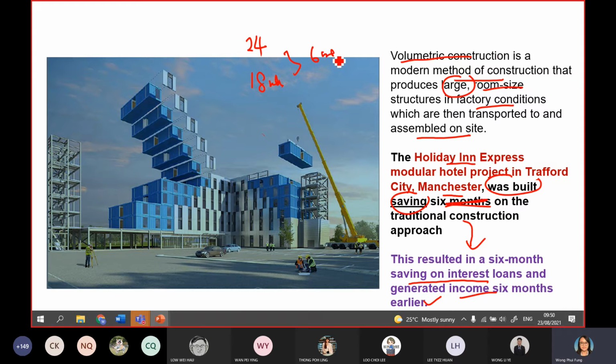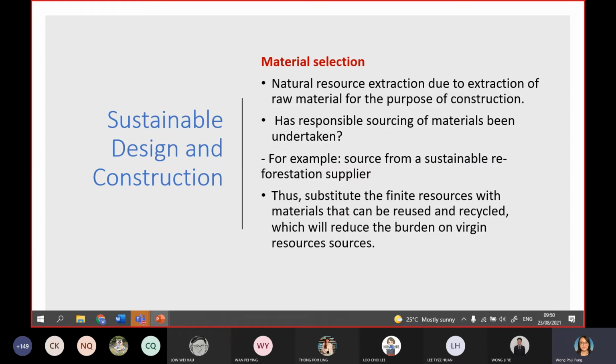Save 6 months, which means you no need to pay 6 months interest. That is the effect. 6 months saving on interest, and you can start to generate income 6 months earlier. So that is the benefit of using prefabricated structure.